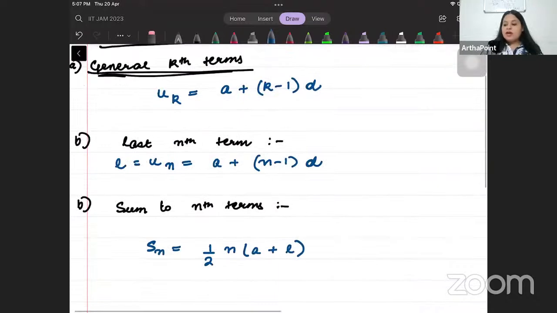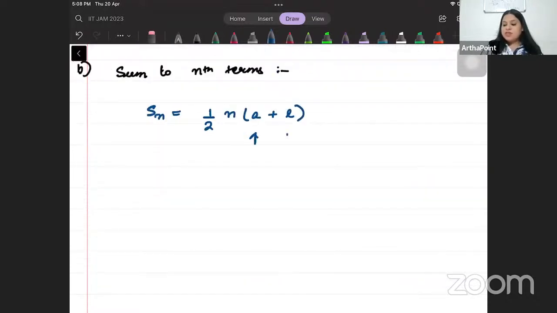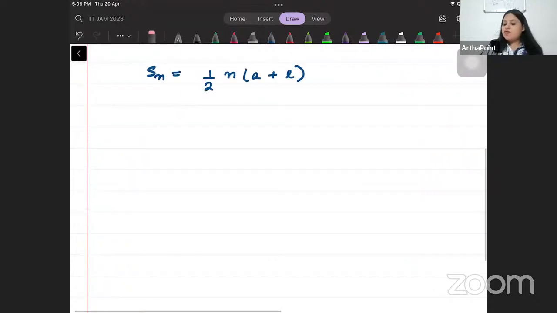So half first term plus last term into the number of terms into half, that is your sum of the n terms.